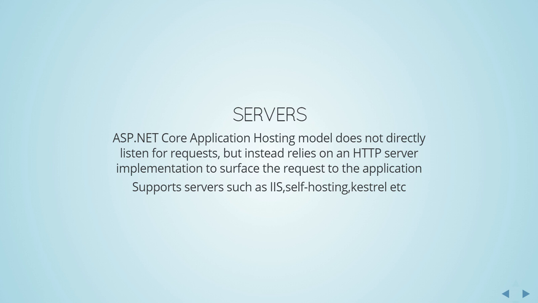Many things were tied to the IIS server, or IIS Express we use. But in this case, you can even implement your own servers if you adhere to the standard for the server implementation. ASP.NET Core also gives a hosting model which does not directly listen for requests, but instead uses a feature implementation which is provided by the spec.